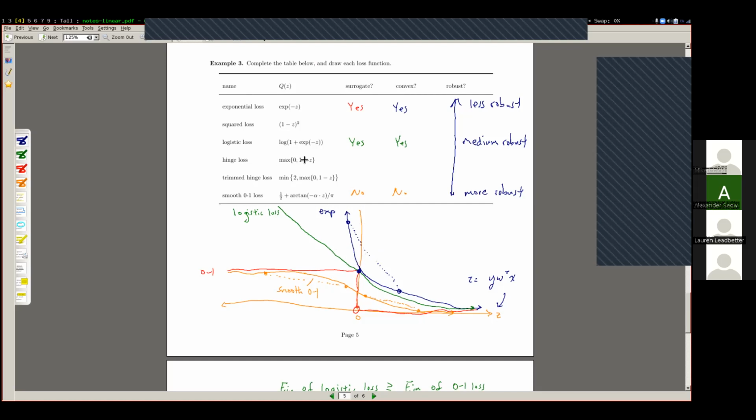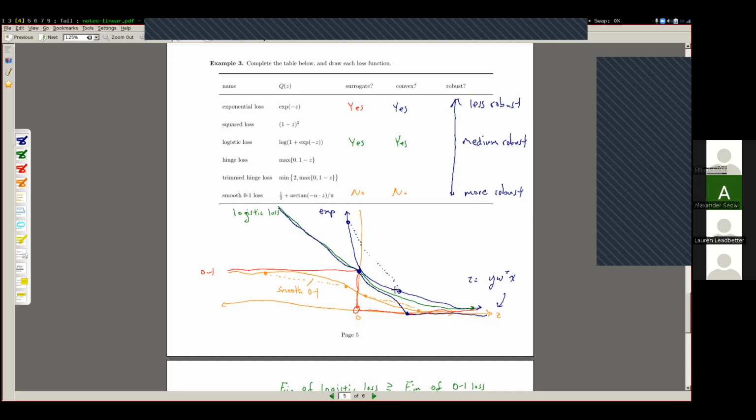So this hinge loss right here, let's go ahead and think about that. I don't have another good color, so we'll use blue for the hinge loss. The hinge loss looks basically just like the logistic loss, in that it is a straight line passing through the dot right here, intersects the origin, and then this max at 0 makes it a straight line over here.